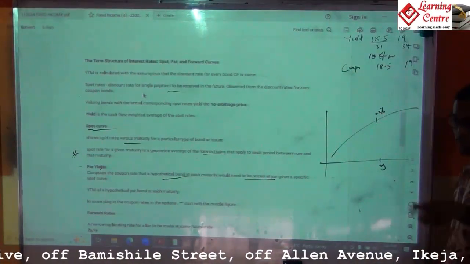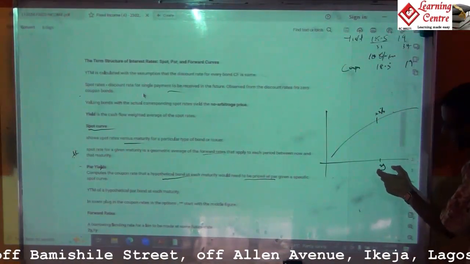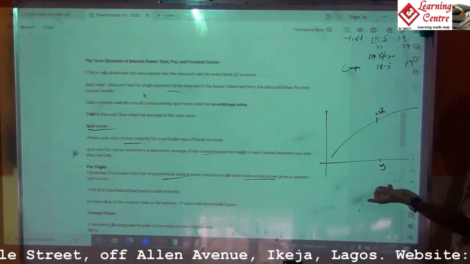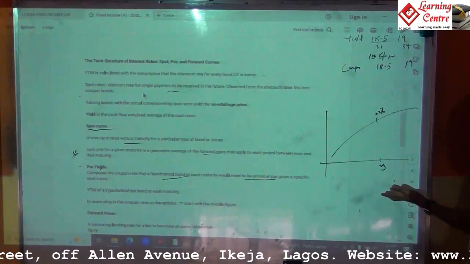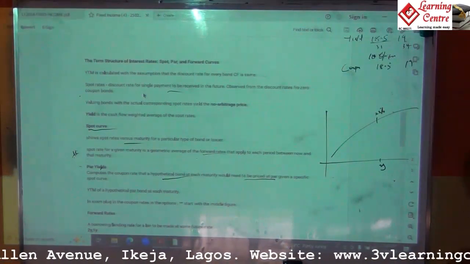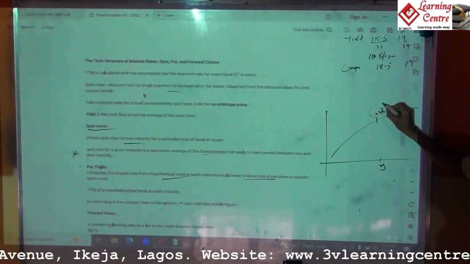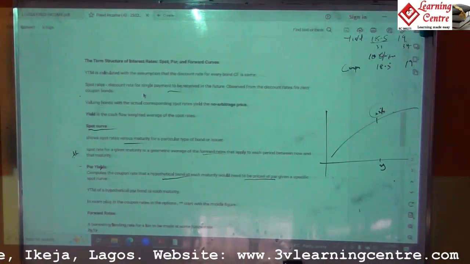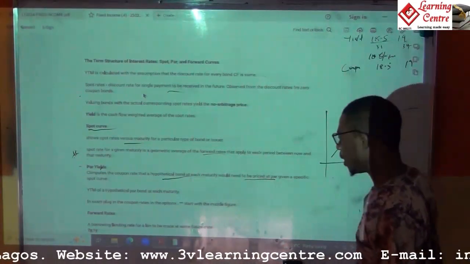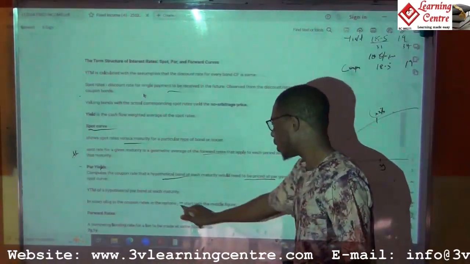I want to issue a 2-year bond and I want it to be at par. That means the coupon of that bond should be what? Yes, that means the coupon put on that bond is 22%. And that's what the par yield is computing.